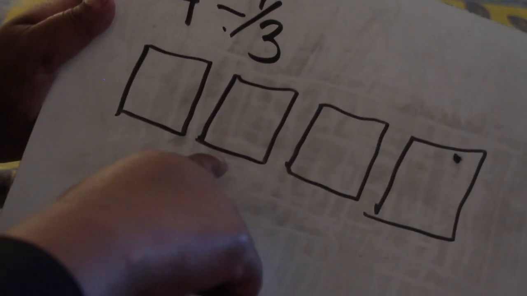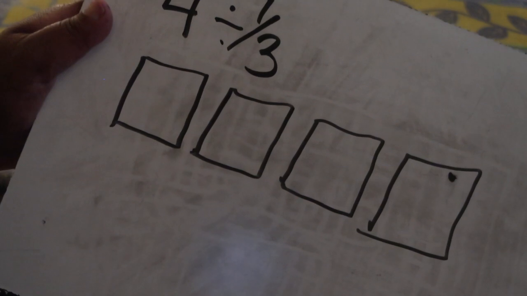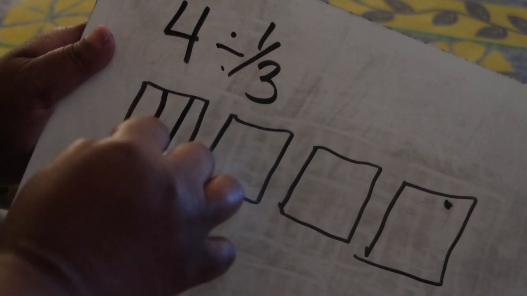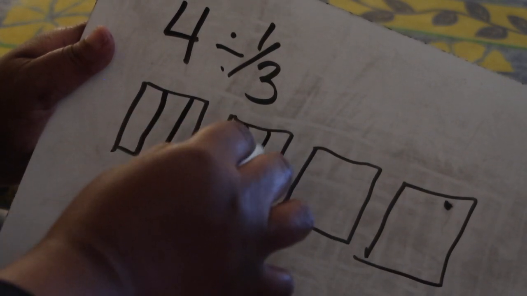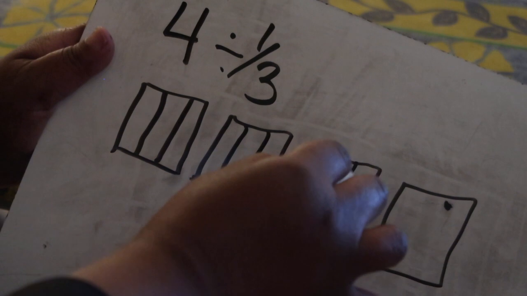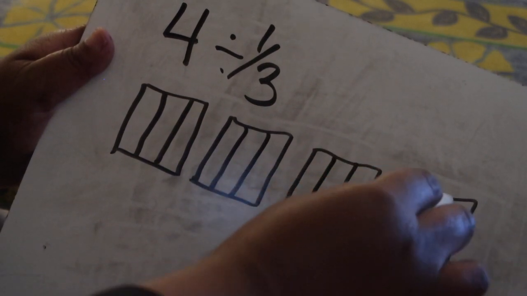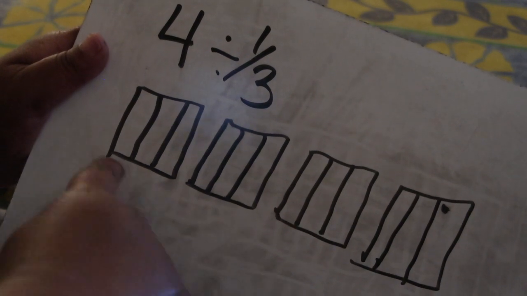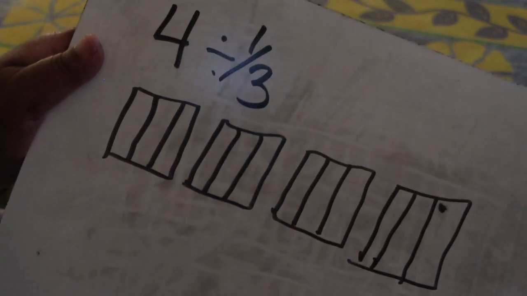So how many ways am I going to divide my cups? If you said thirds, you are correct. So let's divide it into thirds. All right, I have divided my 4 cups into thirds.